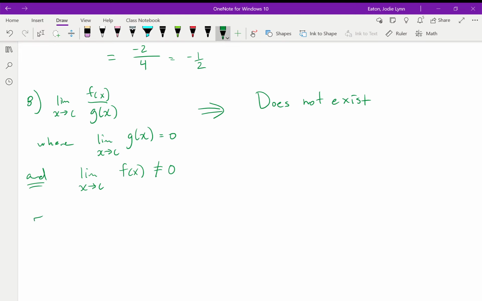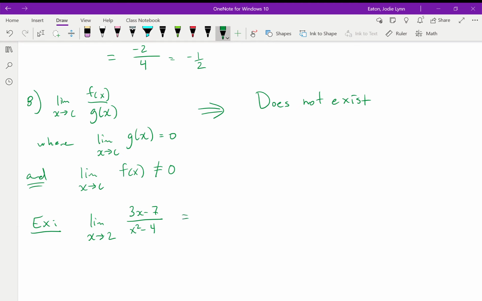So what would that look like? Let's say we have the limit as x approaches 2 of 3x minus 7 over x squared minus 4. Okay, so as we take the limit, we're going to try just plugging in our numbers.